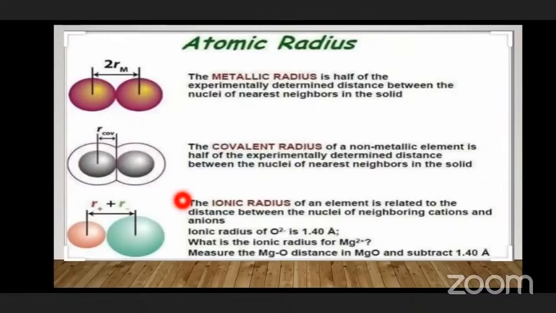The distance between the nuclei of two ions of different charges is called the ionic radius. Okay, right. So the first property in the periodic classification, atomic radius, the definition is completed.